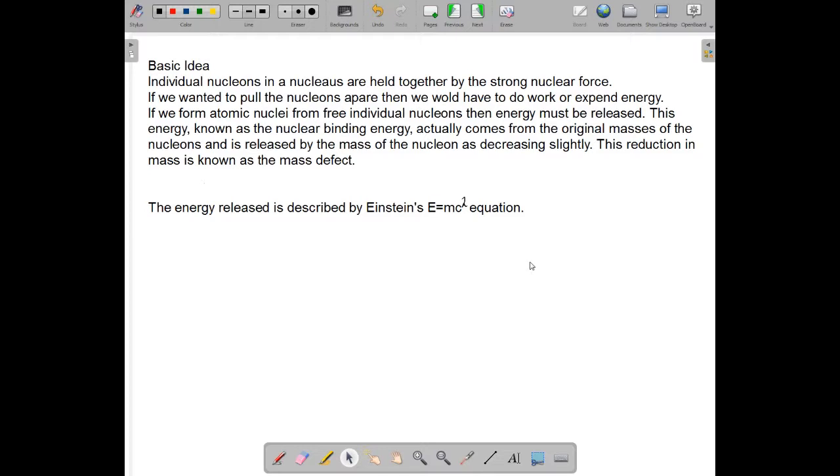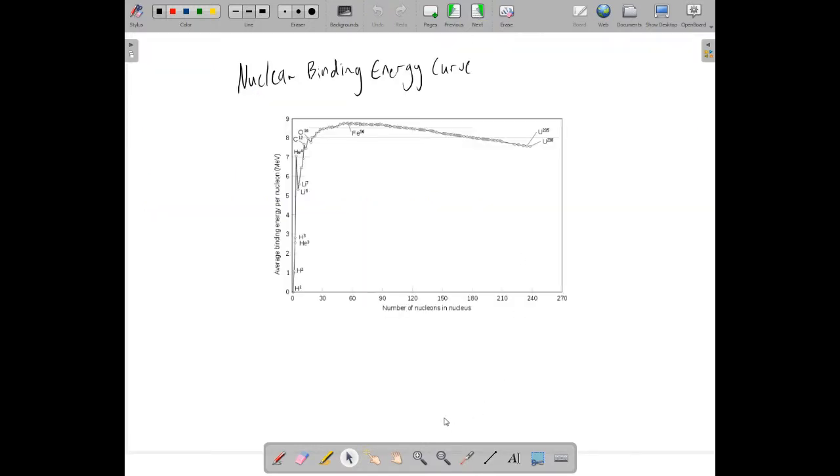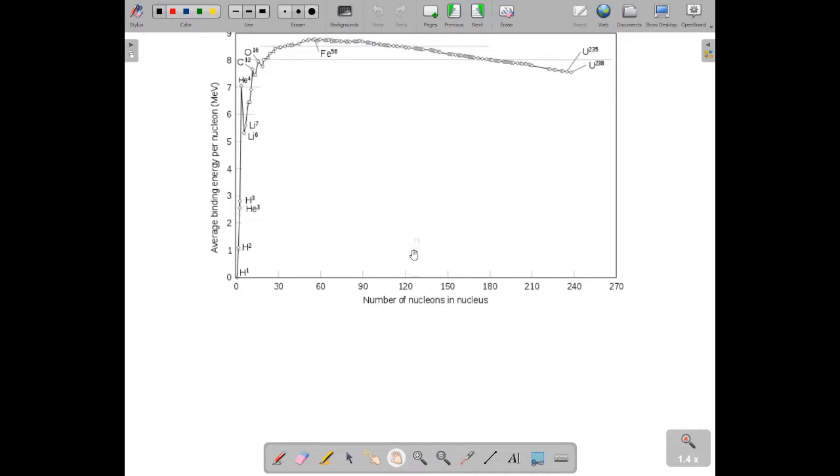This reduction in mass is known as the mass defect, and the energy released is described by Einstein's equation, E equals mc squared. Exciting. Finally, possibly using that equation for the first time. I'll show you how you can use it later on in the video. But here it is, the big exciting nuclear binding energy curve.